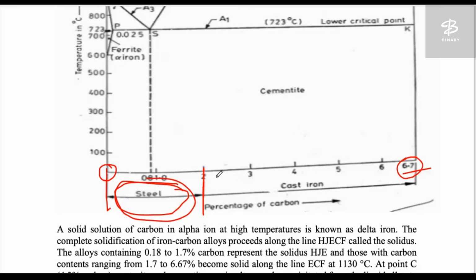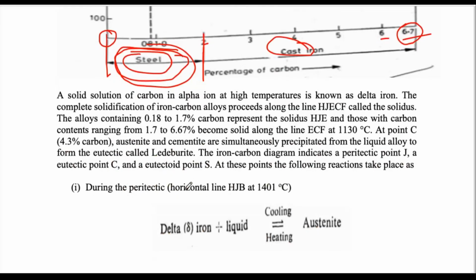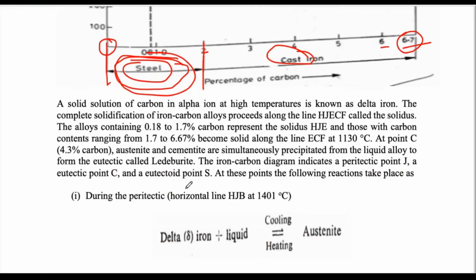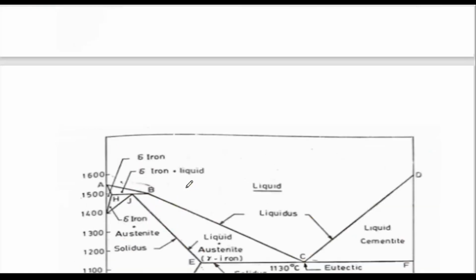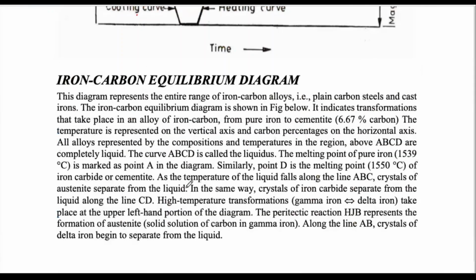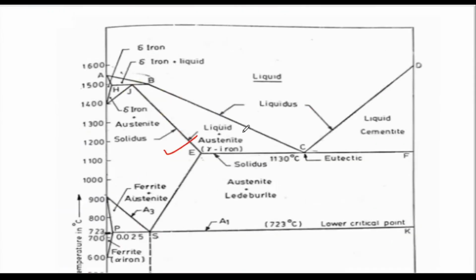If it is more than 2% and less than 6.7%, it is cast iron, and if the carbon is 0 to 2%, it is steel. We will discuss the rest of the points in detail later in the class, including what the iron carbon phase diagram is.